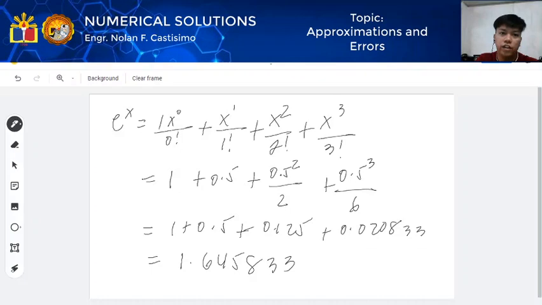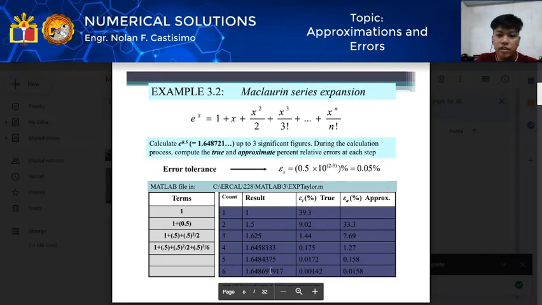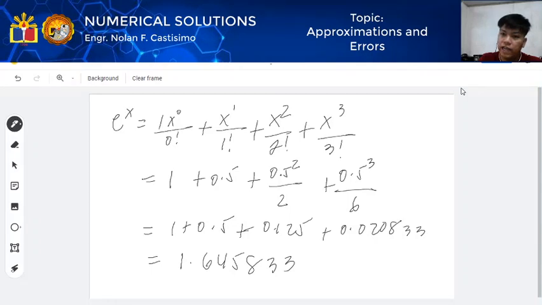1.645833. Wherein, yung value na yan is ito. Diba? So, fourth term. And then, yung pangalawang term ay panglima at pang-anim. Nagdagdag na lang siya ng additional term, which is ito. Plus x raised to 4 over 4 factorial and x raised to 5 over 5 factorial.